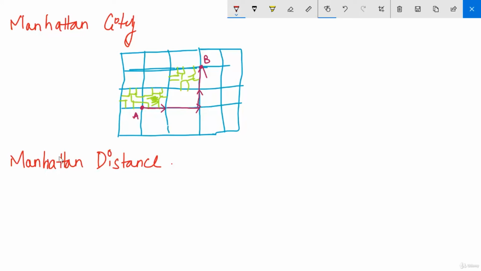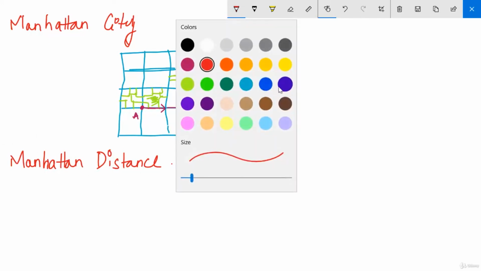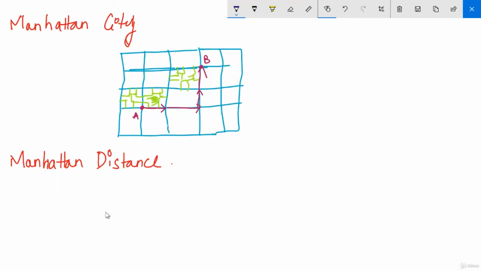And there is a mathematical representation for this as well: the sum over i from 1 to n of |x1i minus x2i|. That's it. This is your Manhattan distance.